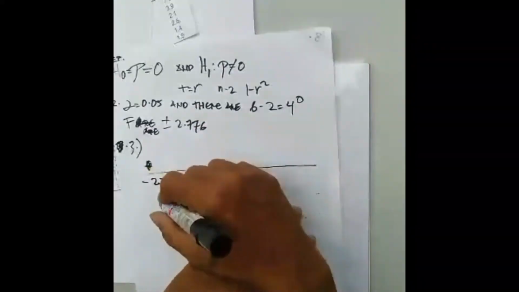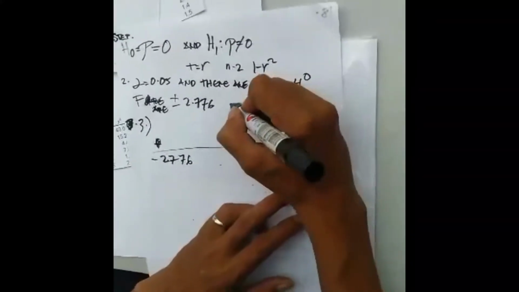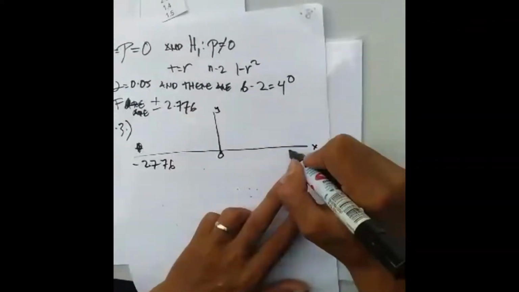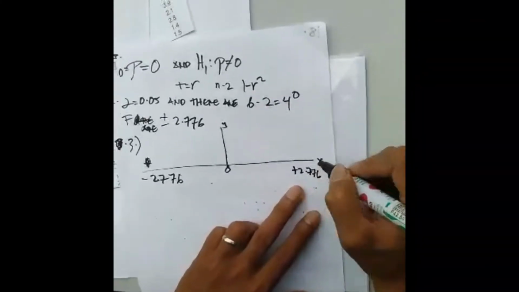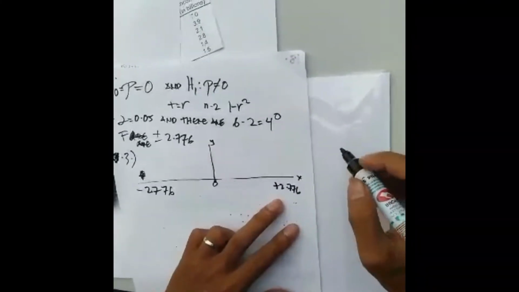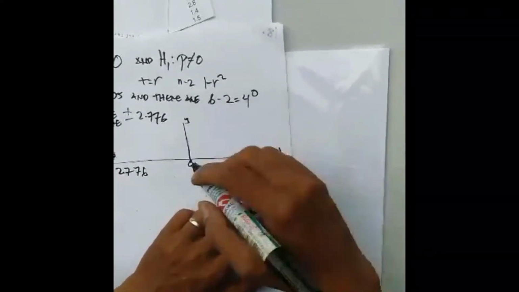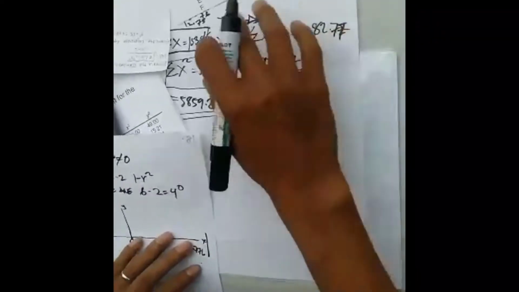So meron tayong negative 2.776 at positive 2.776. So meron tayo dito value natin, sinasolve ko kanina yung 10.4.